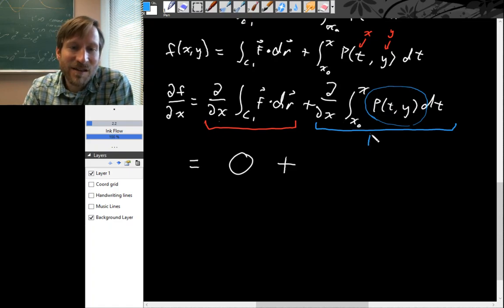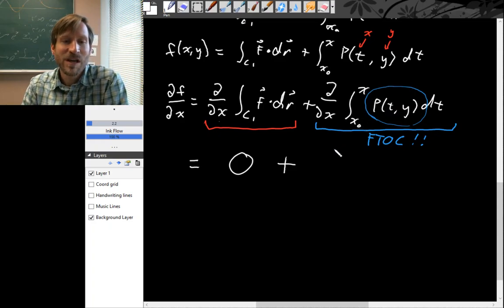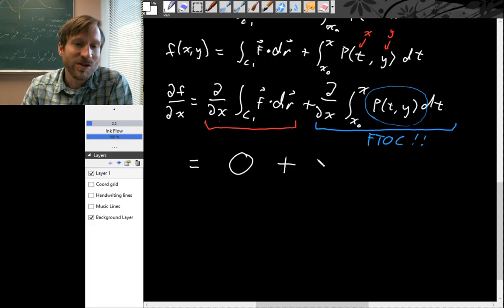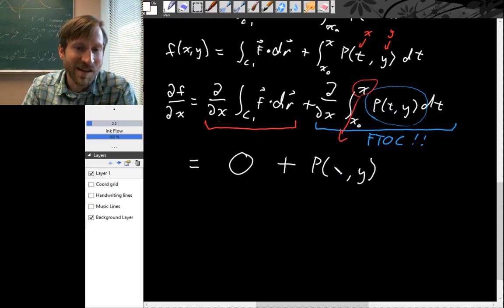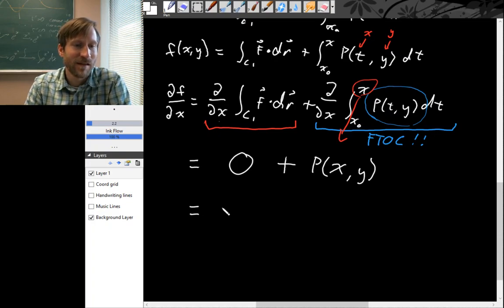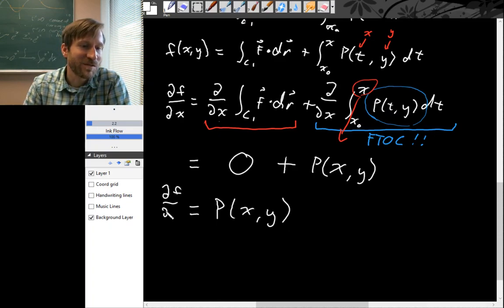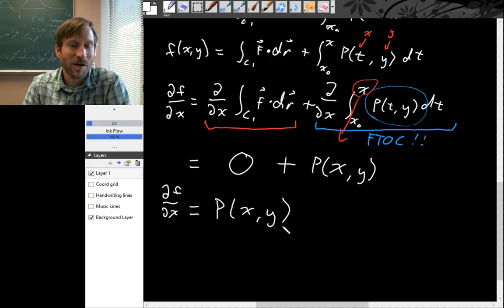Well, this is exactly the situation that the fundamental theorem of calculus applies to, where we have a function, we're integrating from a constant value to the variable, and then we're differentiating with respect to that variable. So the fundamental theorem of calculus says you take the integrand, here p of something comma y, and then you take the variable, which was x, and you put it in there. So for this line integral, we just get p of x comma y. So the partial of f with respect to x is p of x comma y.